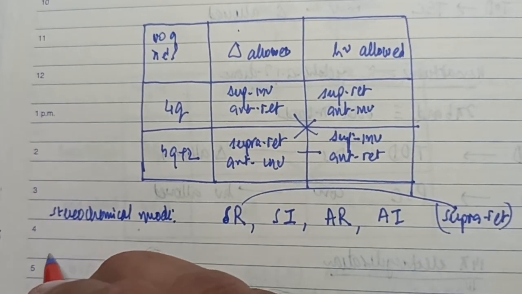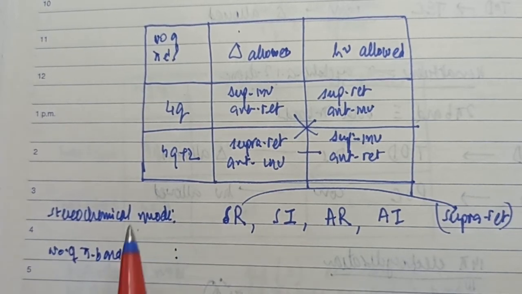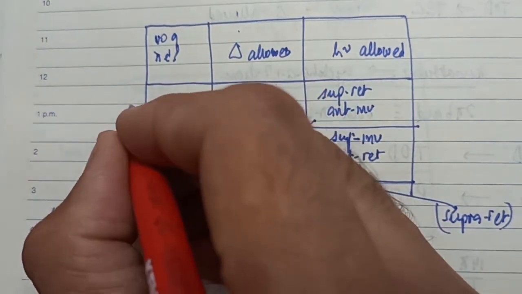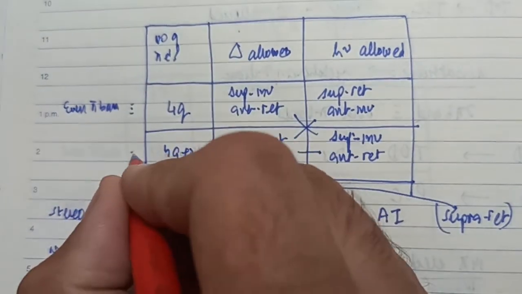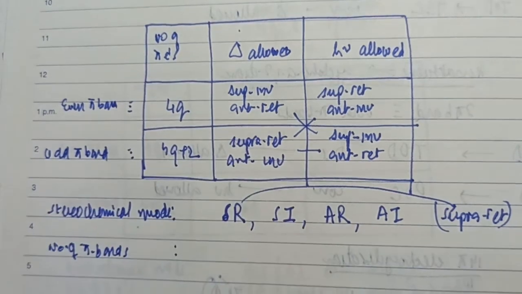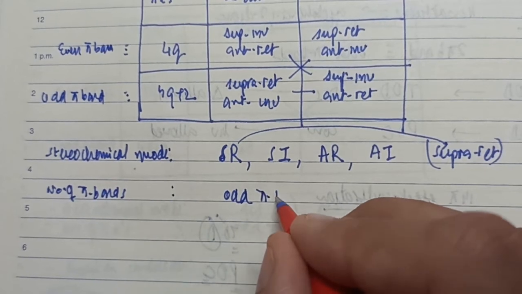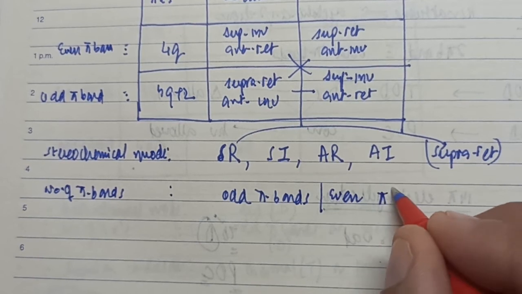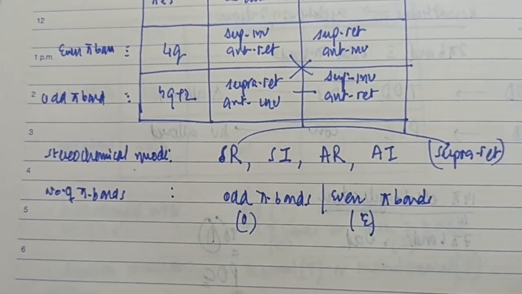And again, the number of pi bonds: if it belongs to the first row of the selection table, 4Q system represents the even pi bond systems, and 4Q plus 2 pi refers to odd pi bond systems, right? So I can have 2 sets of electrons. Either it can be odd pi bonds, or it can be even pi bonds. So it can be O here, or it can be E here, odd or even, right?